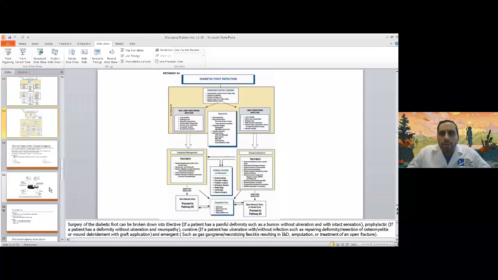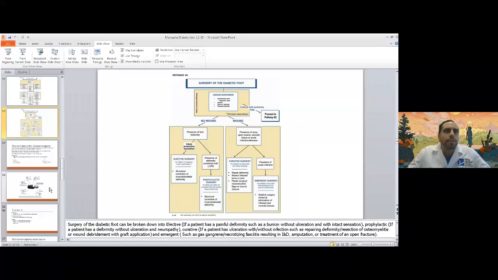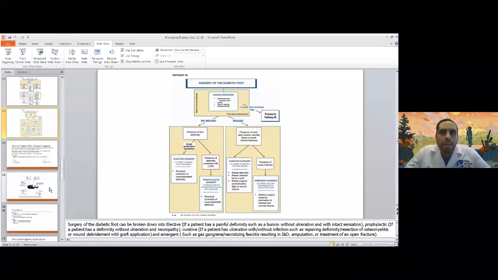Okay, so in terms of surgery for the diabetic patient, we break it down into 4 main categories. There's elective surgery, which is if a patient has a painful deformity, such as a bunion, without an ulceration and with intact sensation.